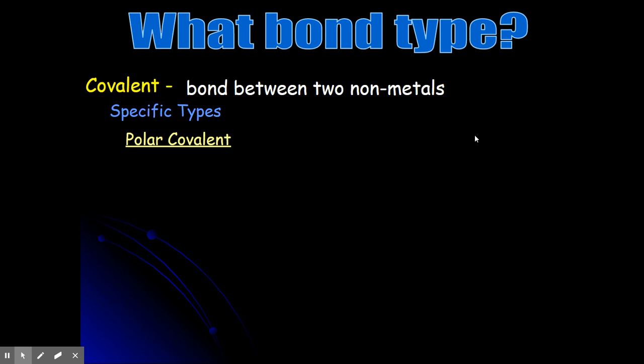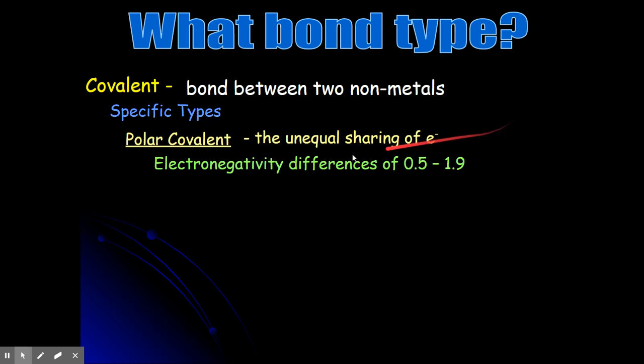A polar covalent bond, simply put, is something that has an electronegativity difference of 0.5 up to 1.9, and it results in the unequal sharing of electrons. So the electronegativity difference is from 0.5 to 1.9.